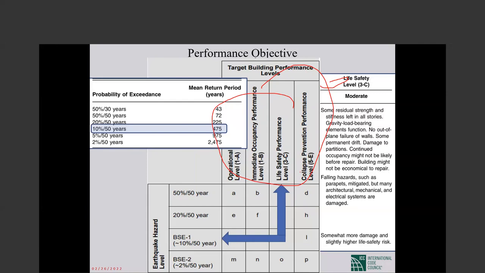These target performance levels, we see a couple of them according to the definition in one of the codes. But when we want to check it, how do we check it? In the linear method, for the locations where damage is accepted, because in some locations, if damage happens, the building is gone.